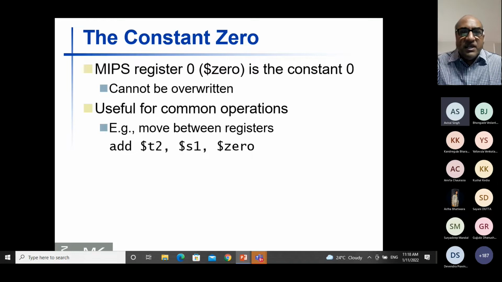And this register has different applications. You can use this 0th register for things like moving the contents. What I'm saying is that in MIPS, one of the registers is the 0 register, where the content is always 0. You can't write anything, you cannot overwrite it. It's hardwired such that the contents of this register are always 0.